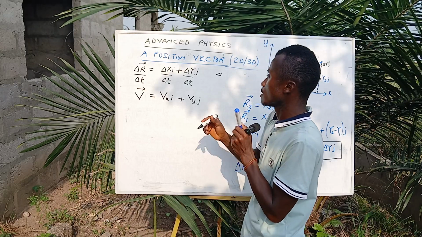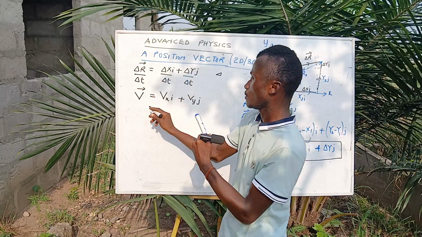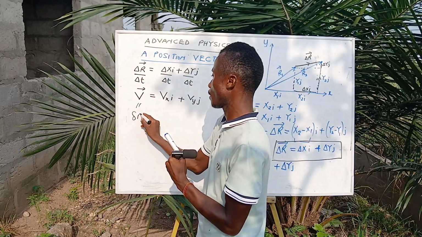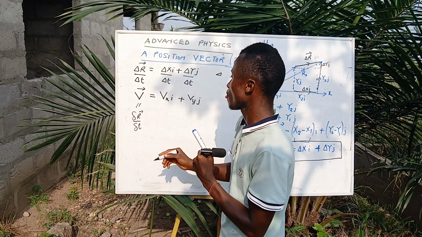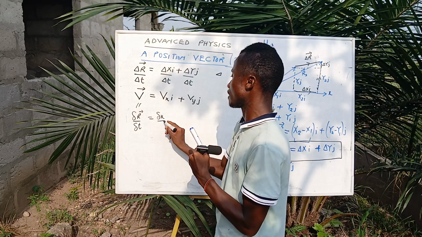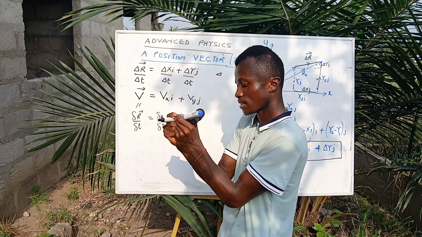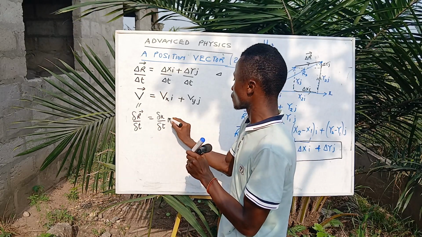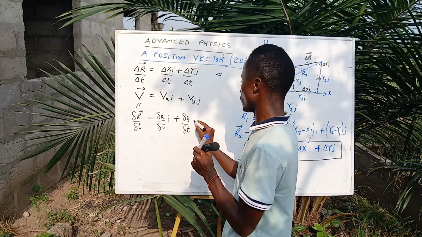And it turns out that dividing by delta t, for the infinitesimal case, you are going to get v equal to dr/dt, and you have here dx/dt instead of delta s over delta t, if it is an infinitesimal change, times i plus dy/dt times j.